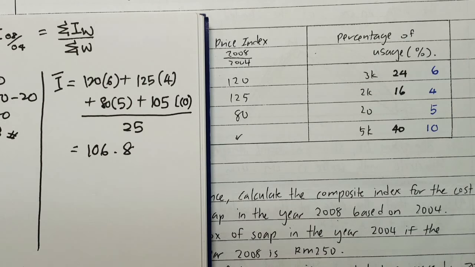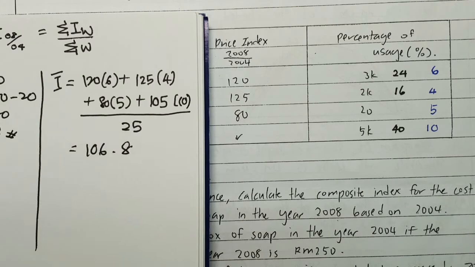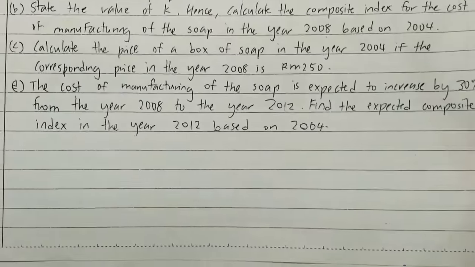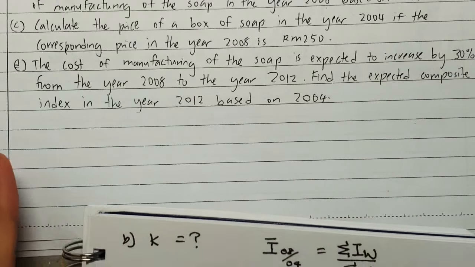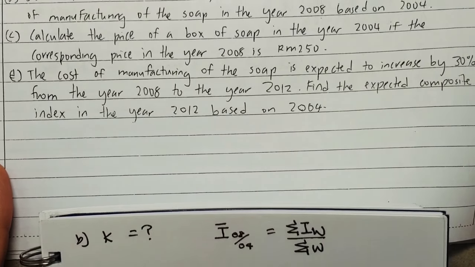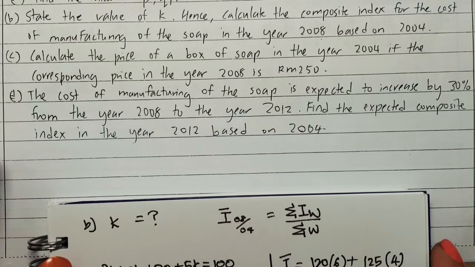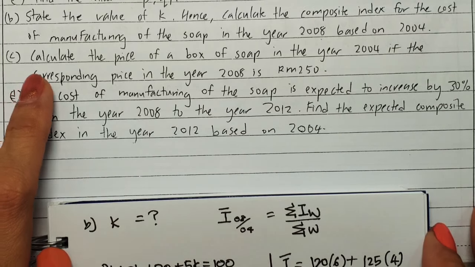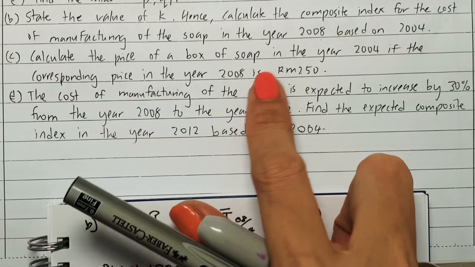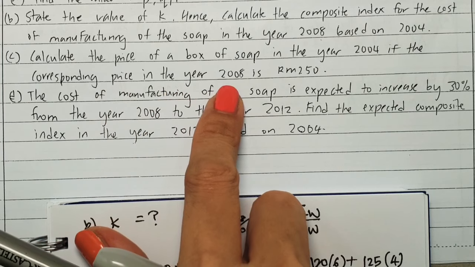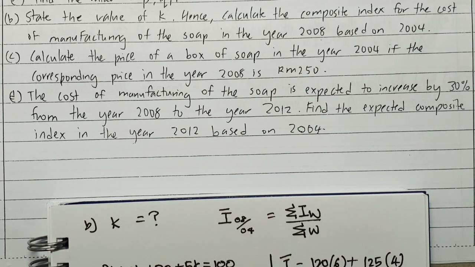Now, you see part A, you are asked to find the price index. Part B, normally they ask you to find the composite index. Now, part C, we have to use the composite index that we've found to solve the next question. They want us to calculate the price of a box of soap in the year 2004 if the corresponding price in the year 2008 is 250.